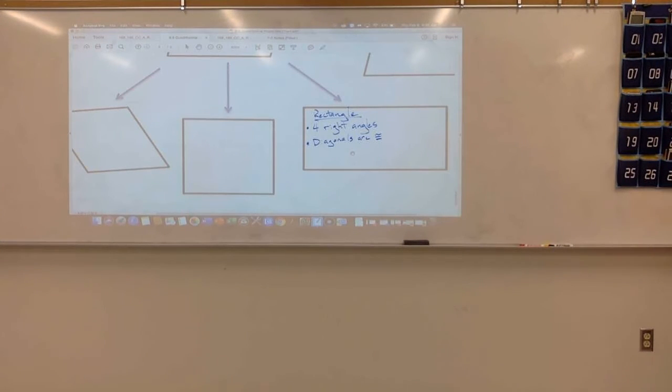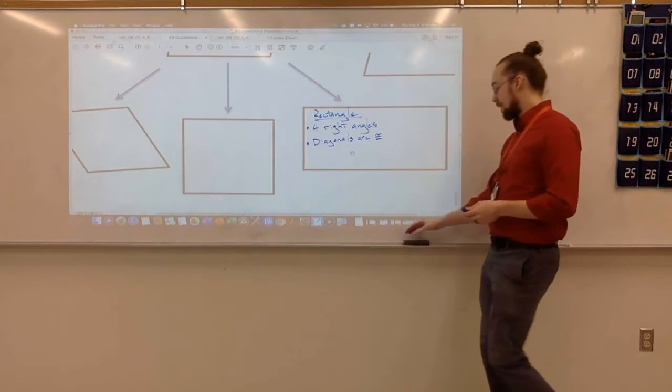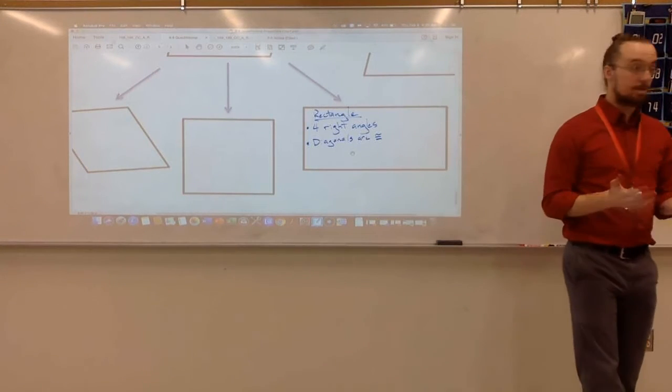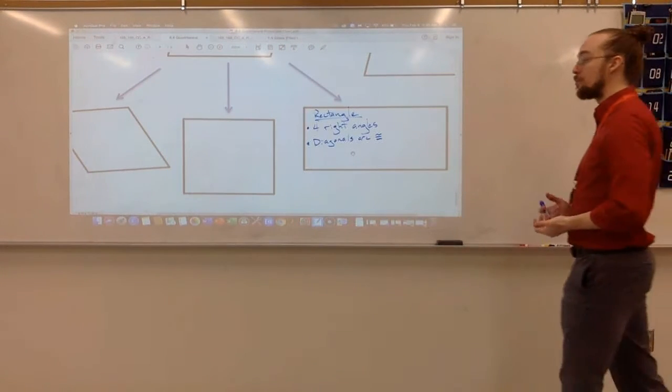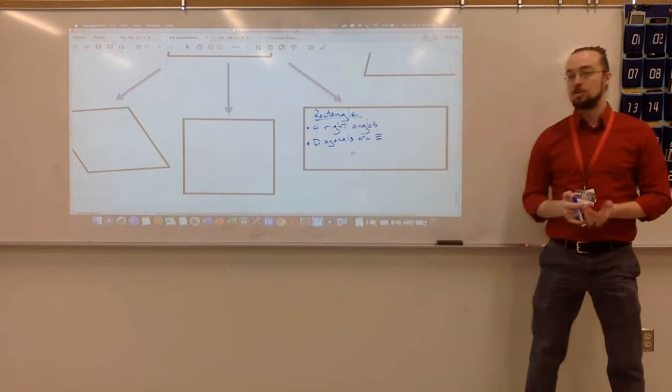Okay, so we're going to keep this chart for the rest of this chapter. This chart's going to be very useful for us to organize all these properties, because this is a lot of properties that we're talking about for all these different shapes in this chapter. So this chart's going to be very helpful to keep all these straight. So don't lose this.